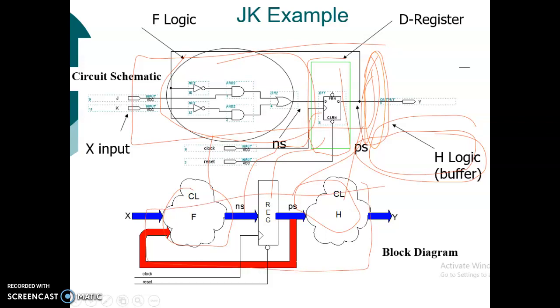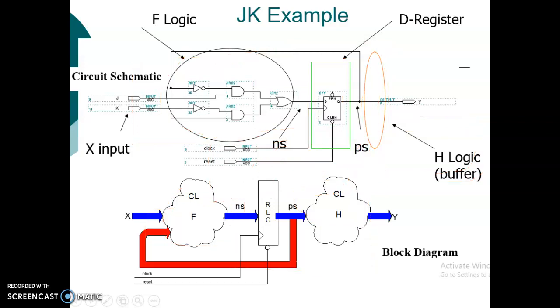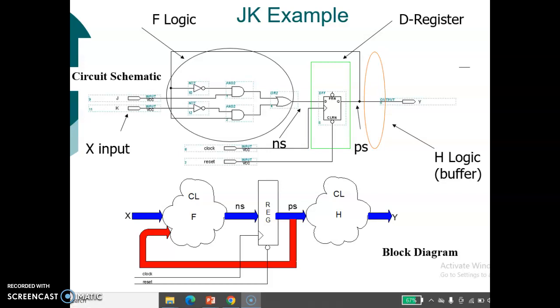So X input is given in this JK. Am I correct? Here in the F logic, what is inside? NOT gate, NOT gate, AND gate, AND gate, and OR gate. In the D register, a D flip-flop.